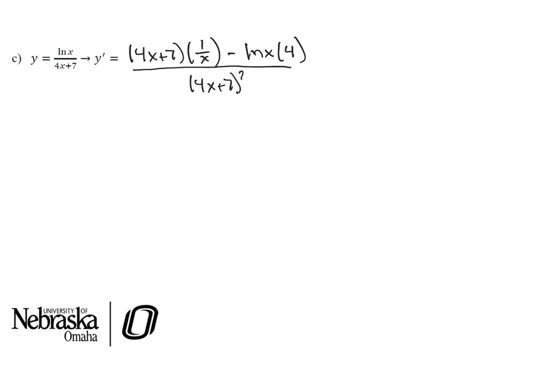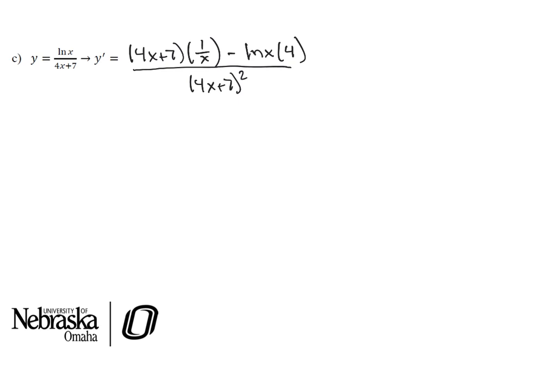Okay, next example. We have y equals natural log of x divided by 4x plus 7. So again, we're going to apply the quotient rule. So we have the denominator times the derivative of the numerator, which is 1 over x, minus numerator times derivative of the denominator, which is simply 4, all divided by denominator squared.